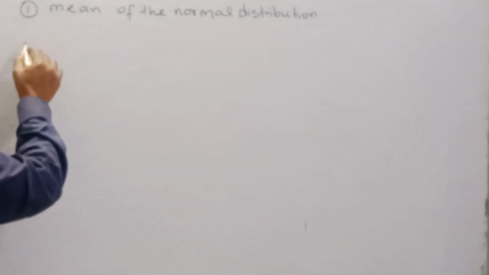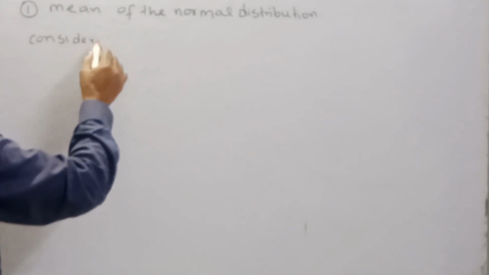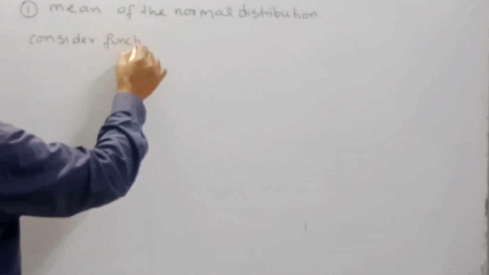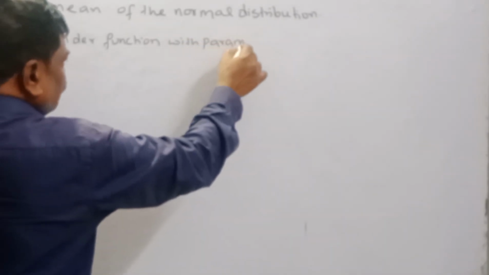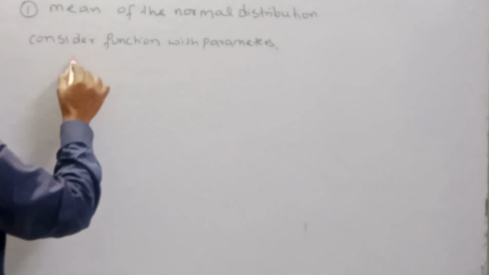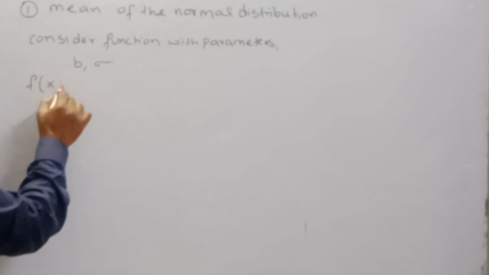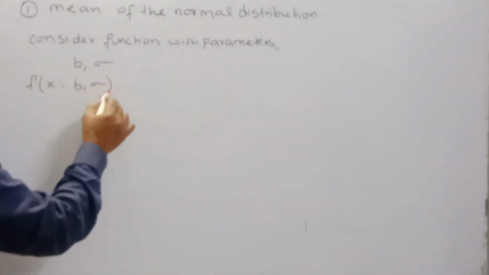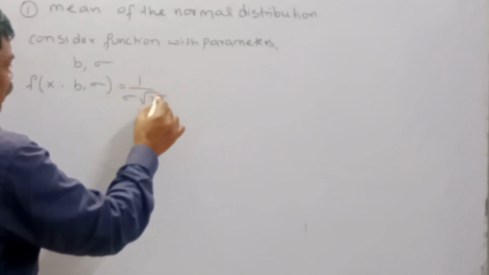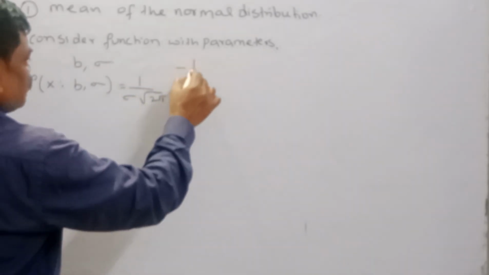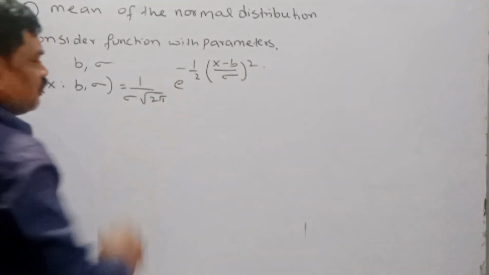Here you see, consider the function with parameters b comma sigma, that is f of x such that b comma sigma equal to 1 by sigma root 2 pi e power minus 1 by 2 of x minus b by sigma whole square.